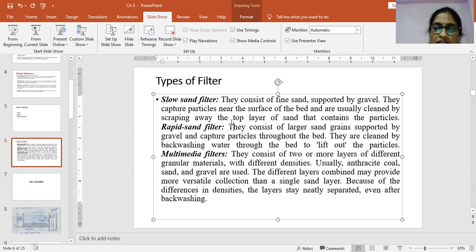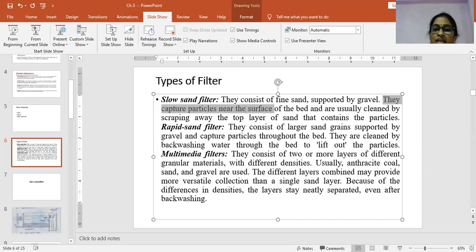Then the rapid sand filter consists of larger sand grains supported by gravel and captures particles throughout the bed. It is cleaned by backwashing water through the bed to lift out the particles. You may not understand the difference between these two sentences.